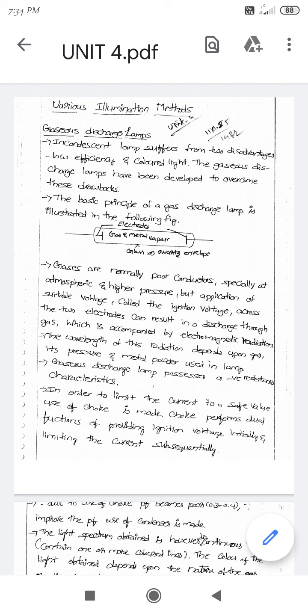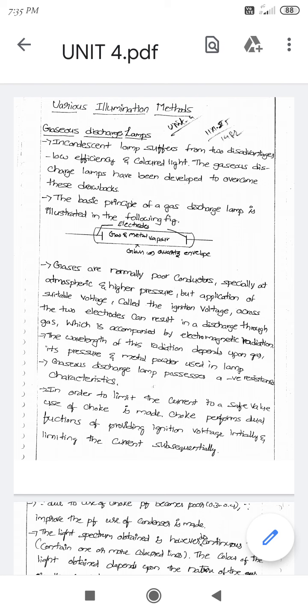Incandescent lamps suffer from two disadvantages. Incandescent lamps were mostly used in domestic applications in olden days, not nowadays. While using incandescent lamps, two drawbacks are there: low efficiency and colored light.